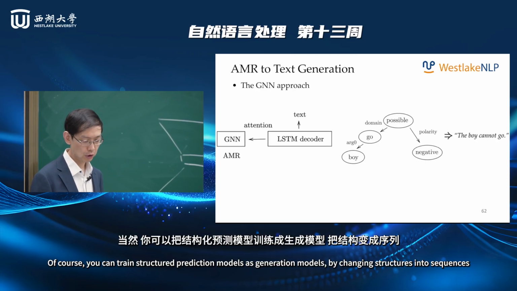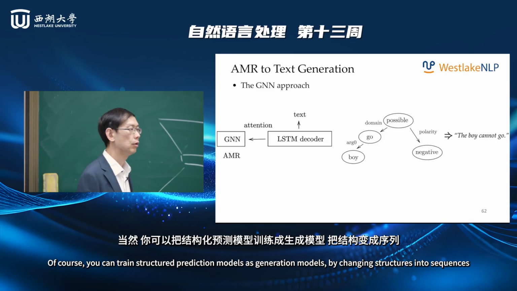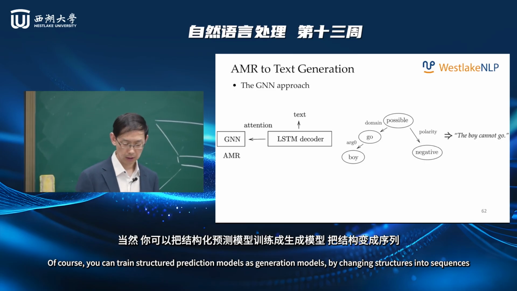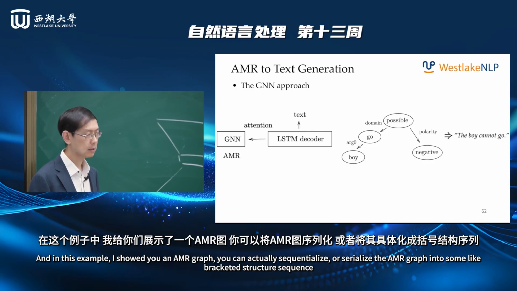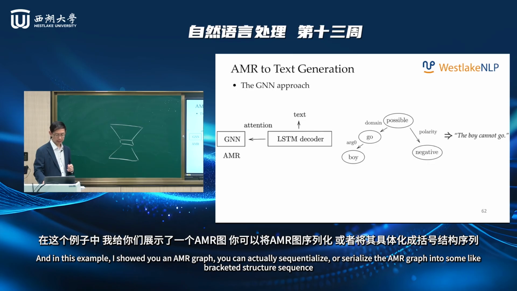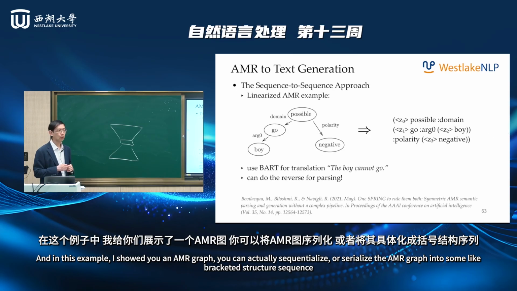Of course, you can train structured prediction models as generation models by changing structures into sequences. In this example, I showed you an AMR graph. You can sequentialize or serialize the AMR graph into a bracketed structure sequence.